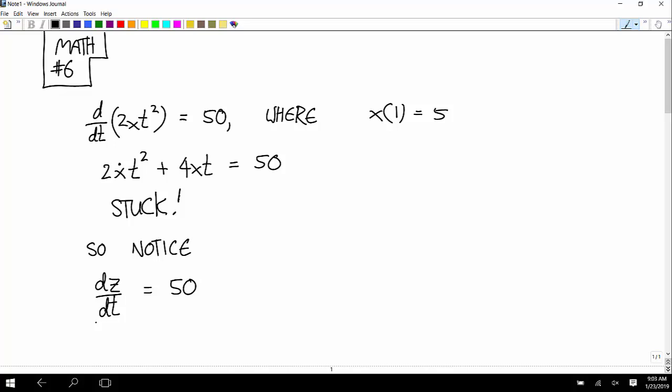We're going to have to re-express this boundary condition in terms of this new variable. And once we figure out z of t, then we can solve because all of this is equal to z of t.